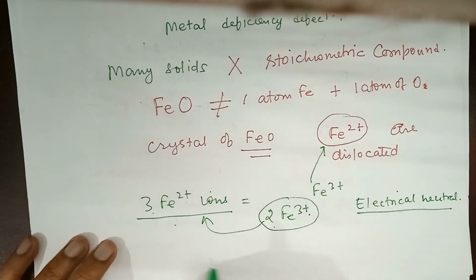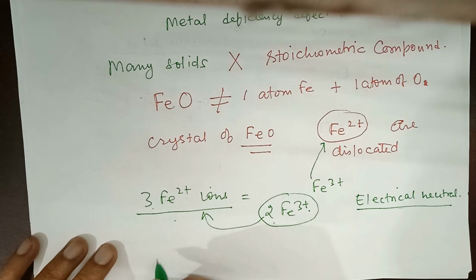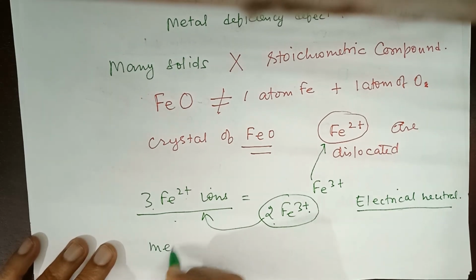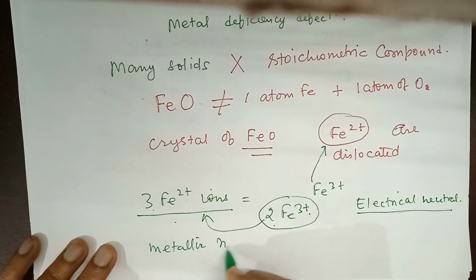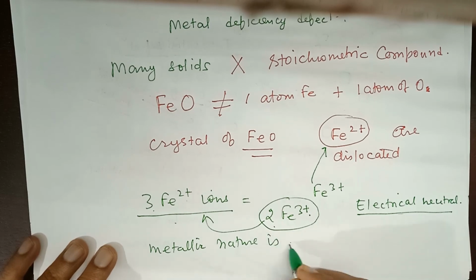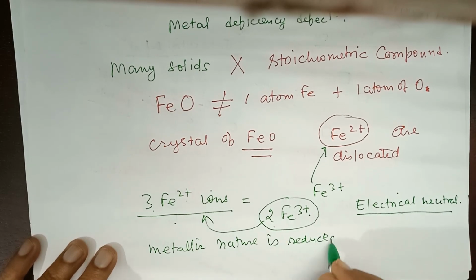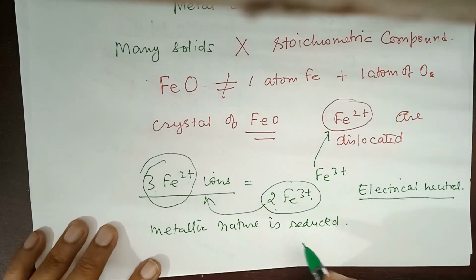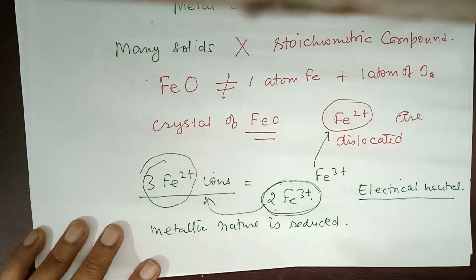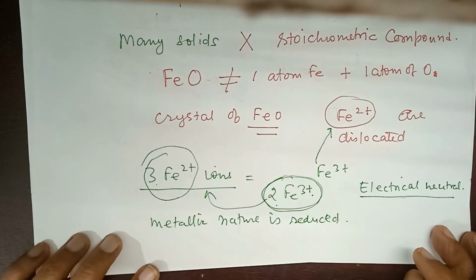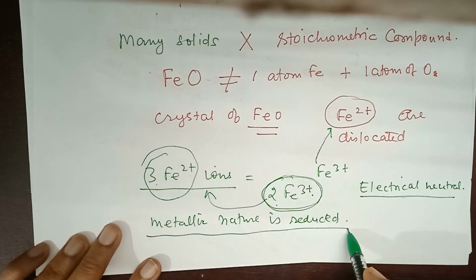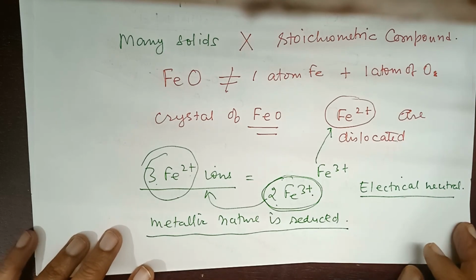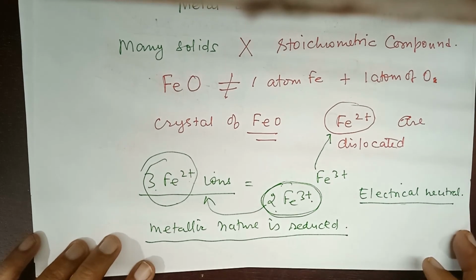But in this process, the metallic nature is reduced. Why? Because in place of 3 Fe2 plus ions, only 2 Fe3 plus ions have come to the crystal. So metallic nature is reduced, and this is called metal deficiency defect.